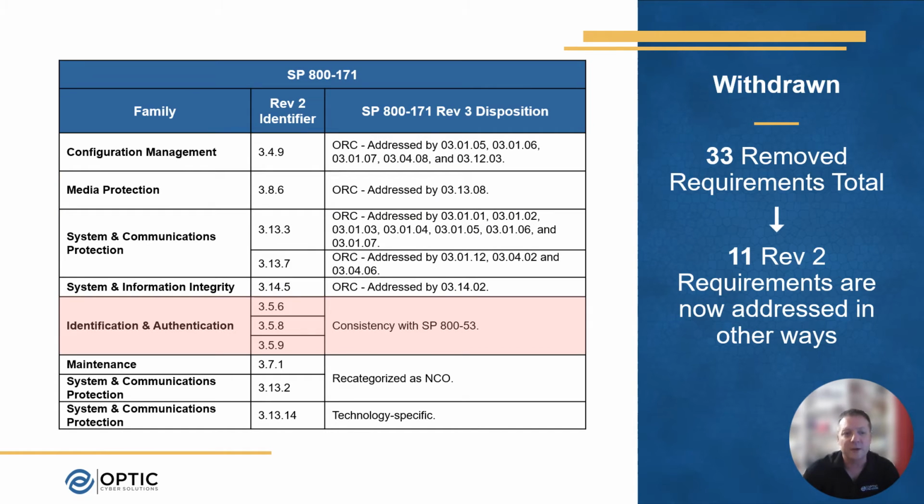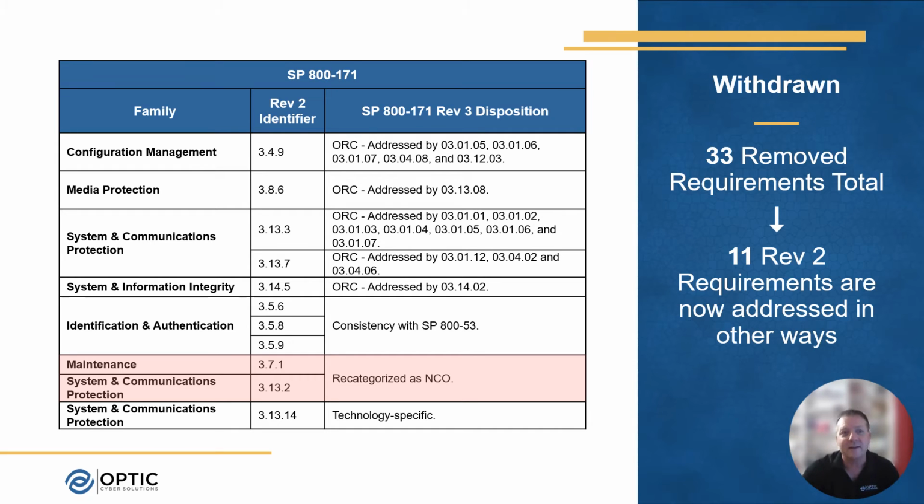The next group here that we see for identification and authentication, those 3 requirements were simply removed from Rev 3 because they've already been consolidated in 853. So when the new security controls in 853 Rev 5 were pulled into Rev 3, we had already addressed those 3 requirements there.